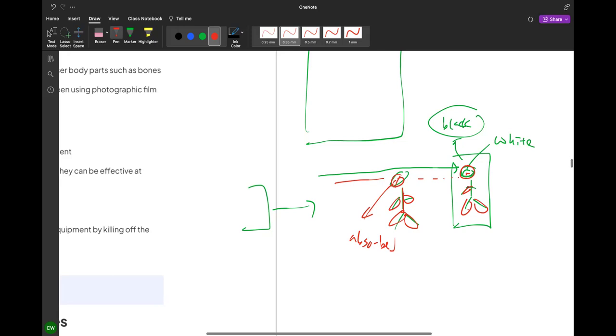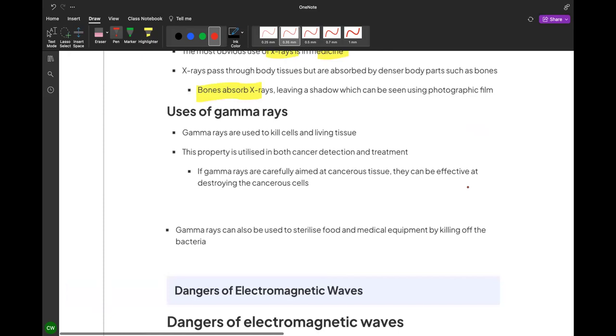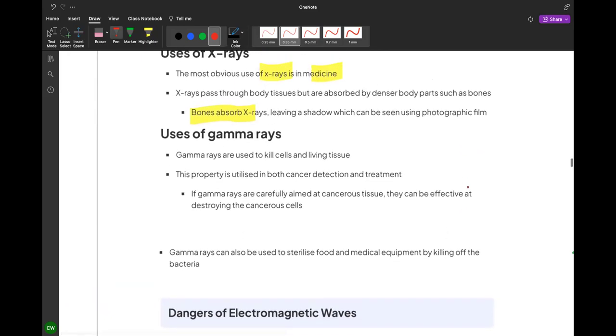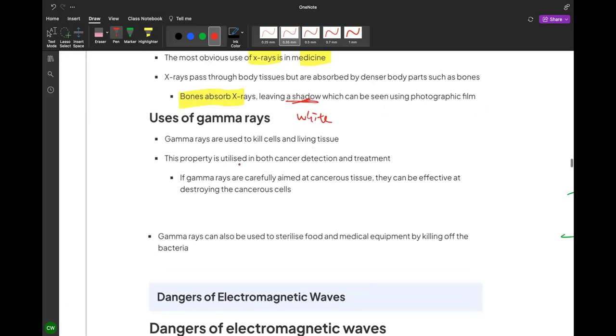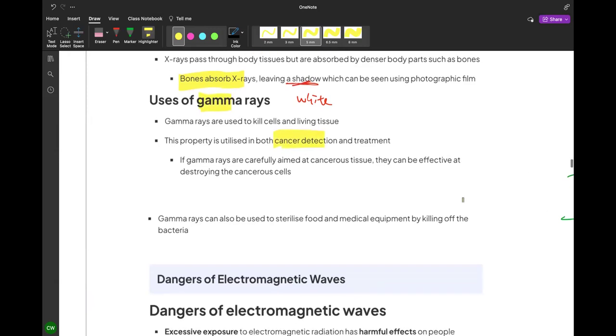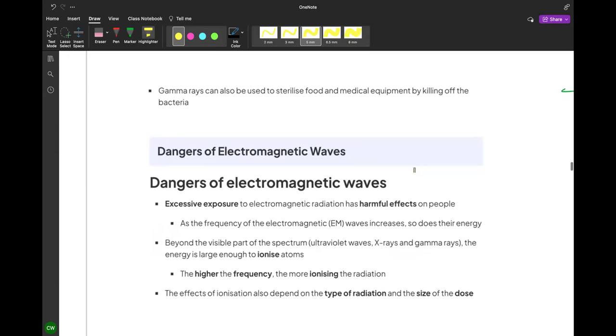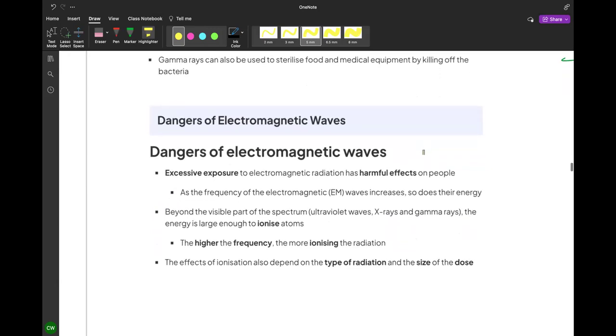OK 了。Gamma ray, bone absorb. White color one is a shadow. Okay. X-ray just need to know you can use for cancer treatment. Gamma ray for cancer treatment. Okay, sometimes I ask you, is gamma ray dangerous or not? No.